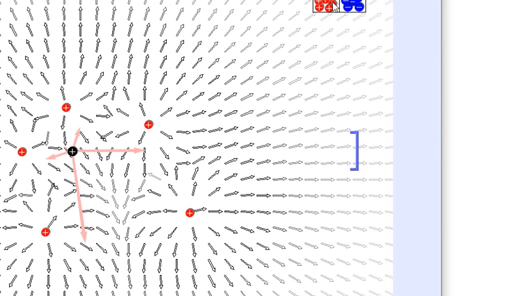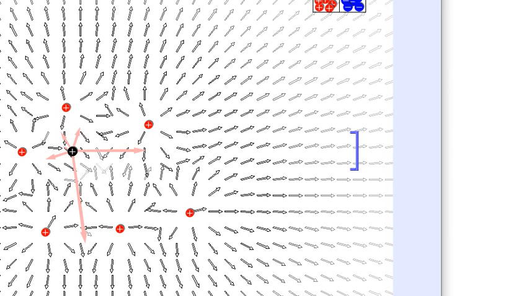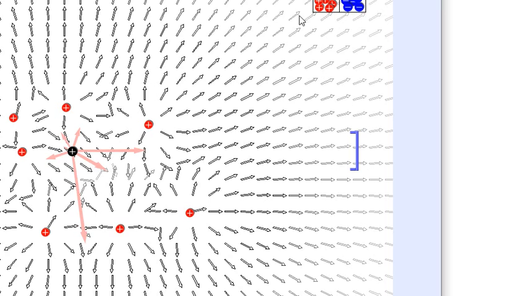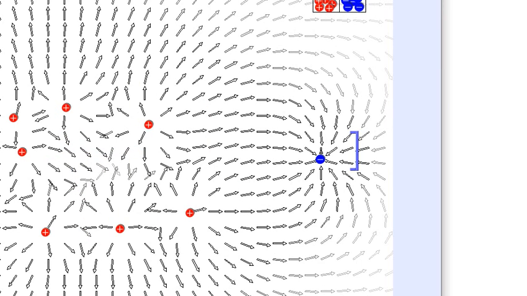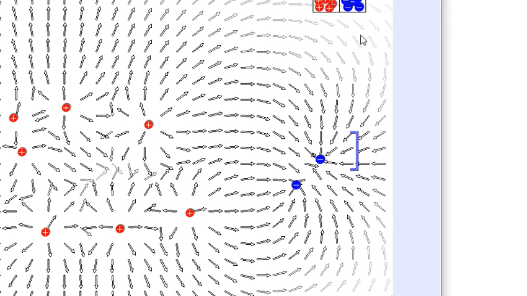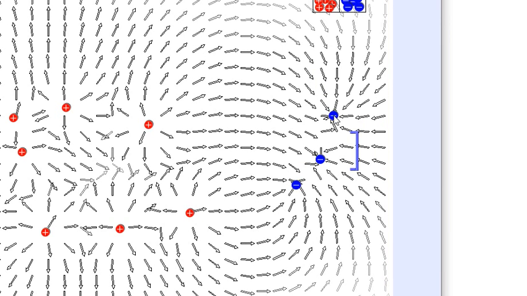If I added some more, I have no idea what's going to happen with it, but it's going to do something like that, right? Because each charge is going to push it. I could also add some negatives, which would again show how the field is now going, because it's going to get pulled towards those.